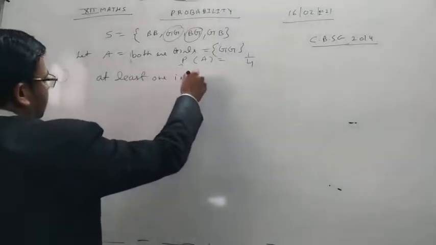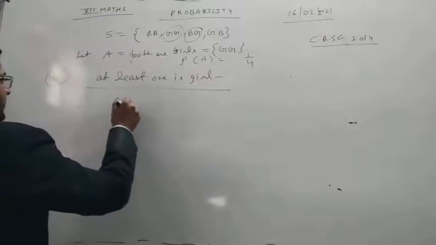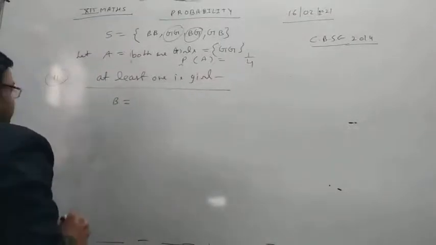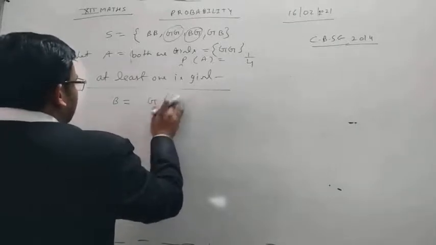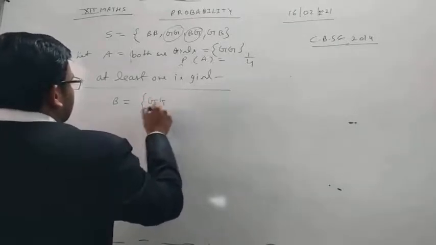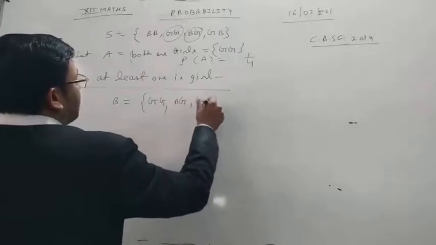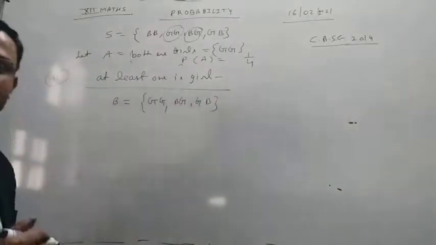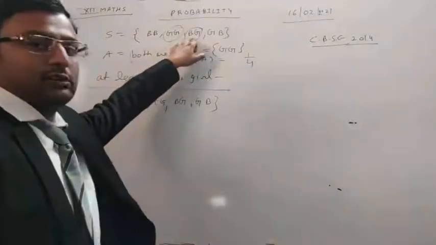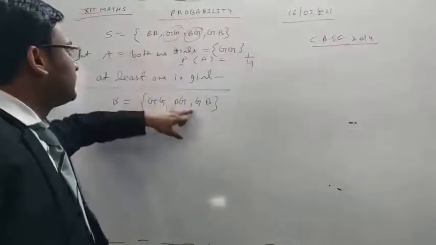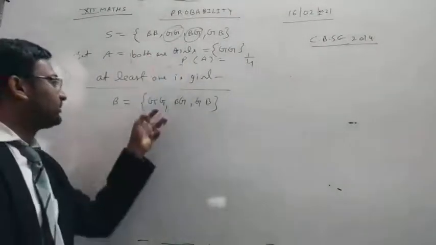That is, our B will be GG, BG and GB, because the question says that at least one is a girl. In this case there is a girl, in this case there is a girl, in this case also there is a girl, but in this case there is no girl, so we cannot take this part.